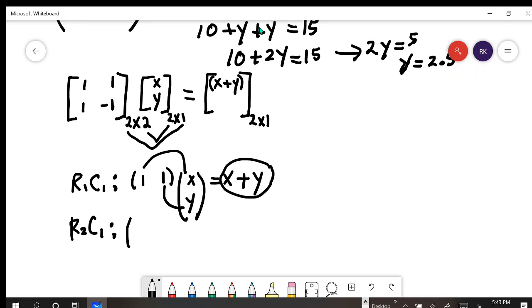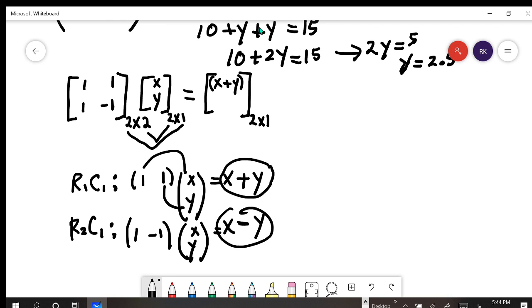That would be 1, negative 1 times x, y. And that would be 1 times x plus negative 1 times y, which makes it a negative y. So I have to make this a minus. So it would be a minus y. And this goes here.